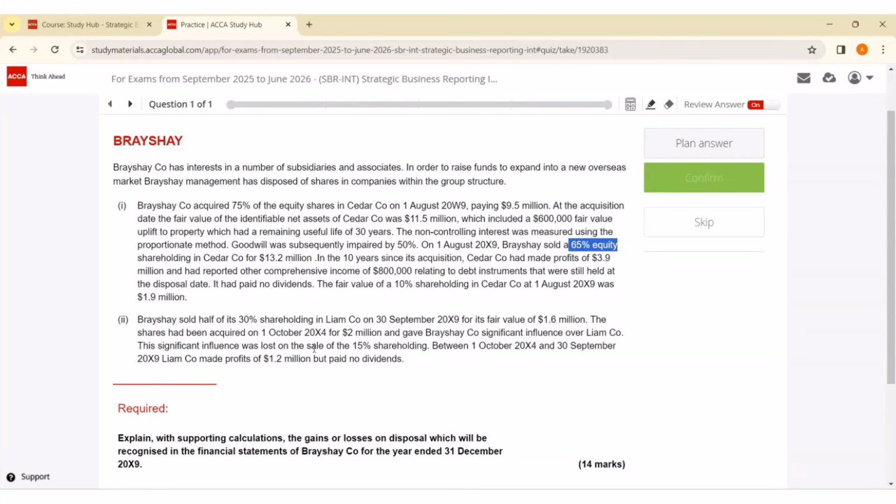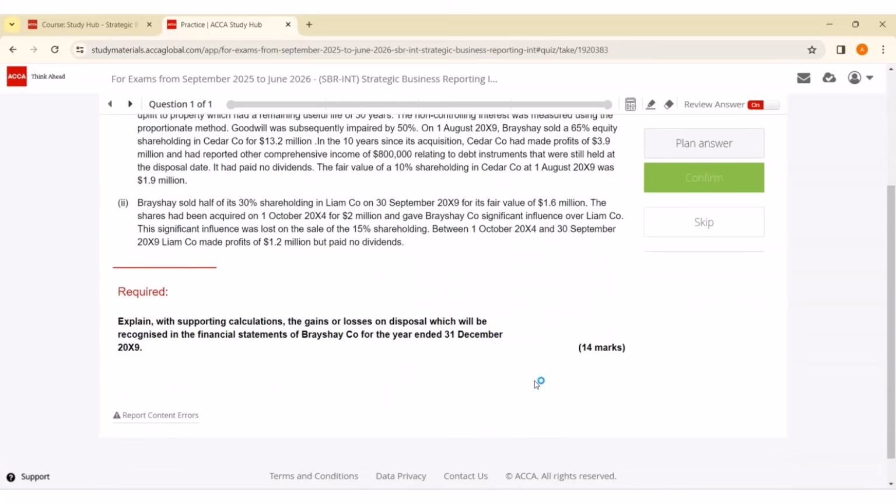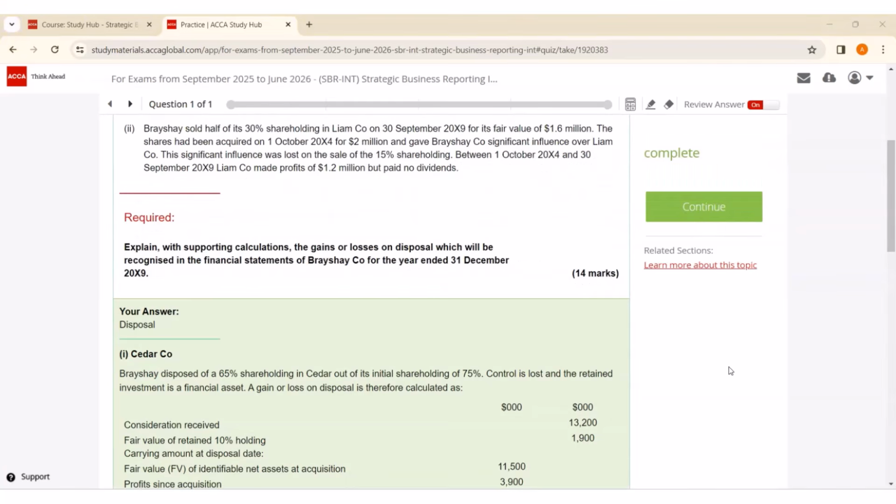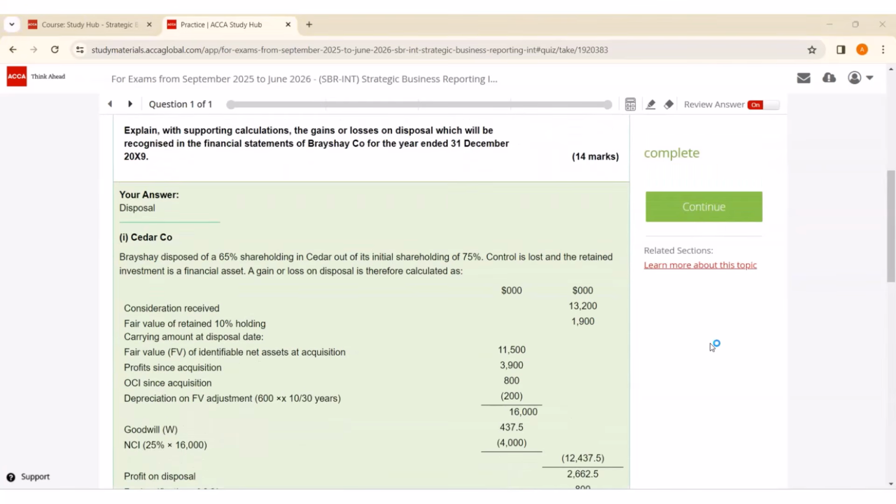So working with respect to that, and then there is another shareholding which has been sold off for a value of 1.6 million. So over here you have questions which you can attempt and see the answer of, which directly apply the knowledge that we have just gathered. Here is a quick look at the answer also for you.